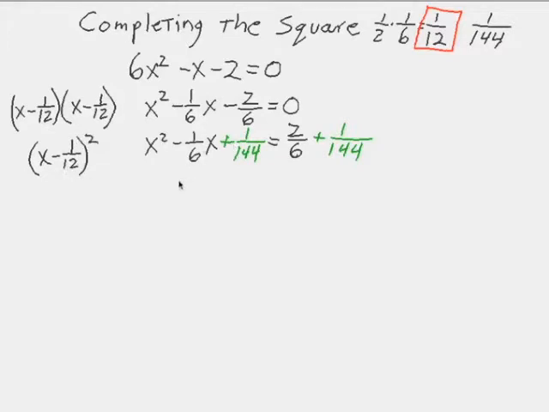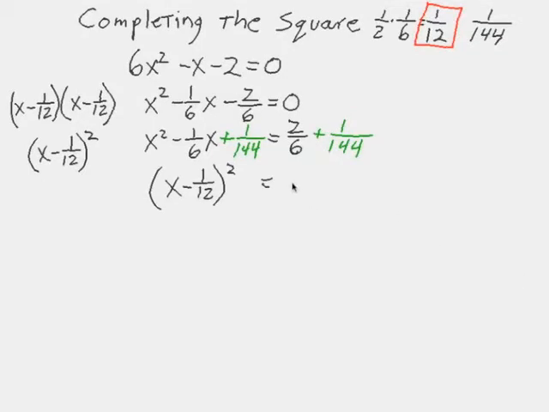So I'm going to rewrite this side as x minus 1/12 squared, still equal to the sum of these two numbers. All right, so when I perform this addition here, it ends up being equal to 49 over 144. So I can combine that down and make this 49 over 144.